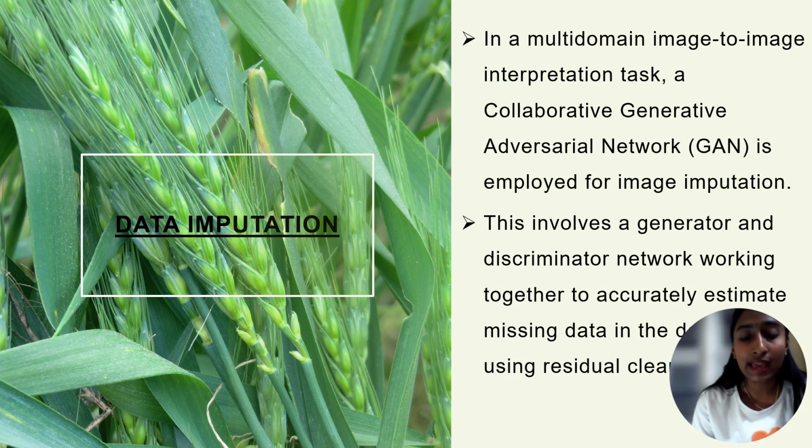Images with enhanced visual quality are produced using the collaborative generative adversarial network. The job of this network is to provide high visual quality of the images that are produced.